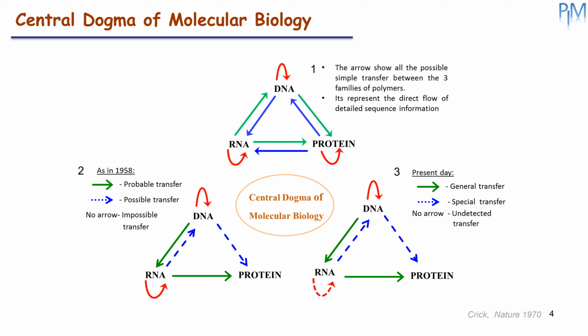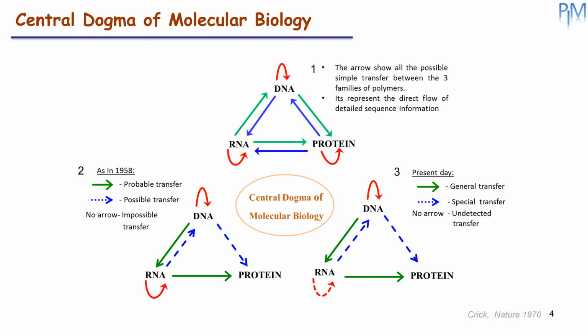Number two, the arrows show the situation as it seemed in 1958. Solid arrows represent probable transfers and dotted arrows possible transfers. The absent arrows compared to 1 represent the impossible transfers postulated by the central dogma.